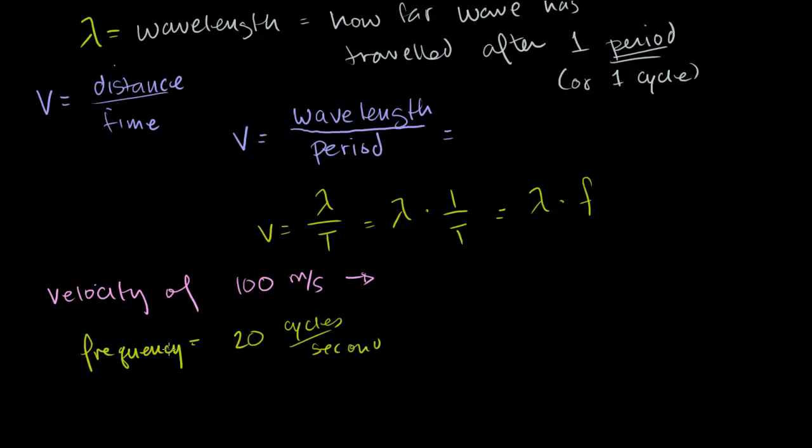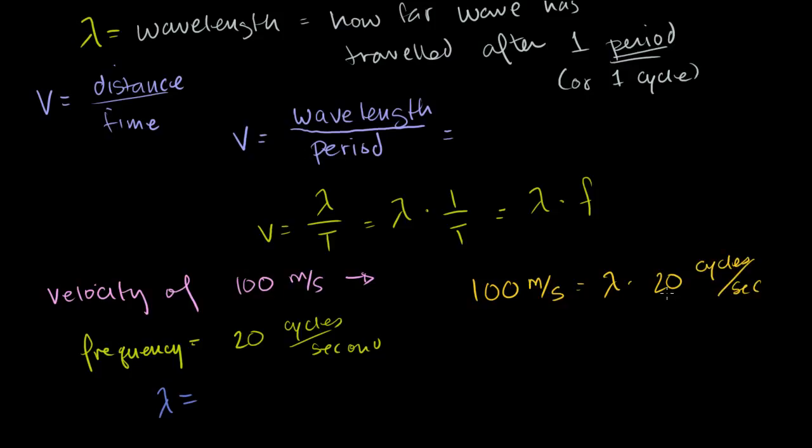So if they gave you the velocity and the frequency, what's the wavelength? Your velocity is equal to your wavelength times your frequency. Let me make sure I get the units right. So 100 meters per second is equal to lambda times 20 cycles per second.